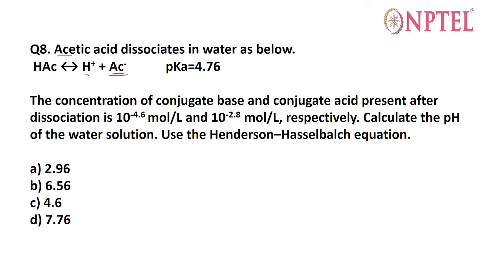Here, in the case of acetic acid, pKa is given as 4.76, and the concentrations of conjugate base and conjugate acid present after dissociation are given as 10 to the power minus 4.6 mole per liter and 10 to the power minus 2.8 mole per liter respectively. Now you have to calculate the pH of the water solution.